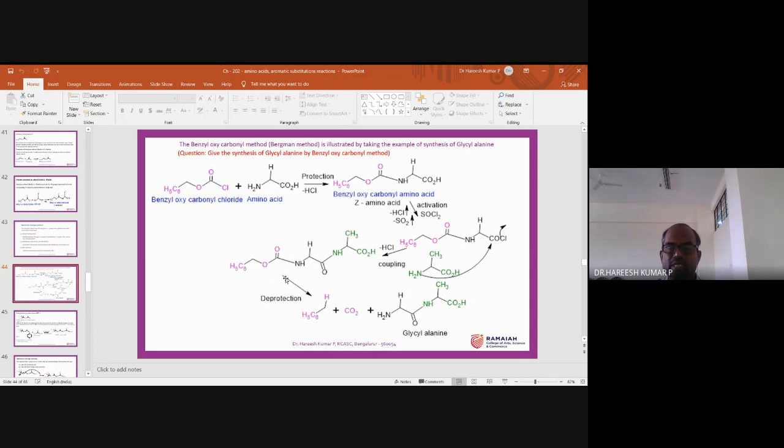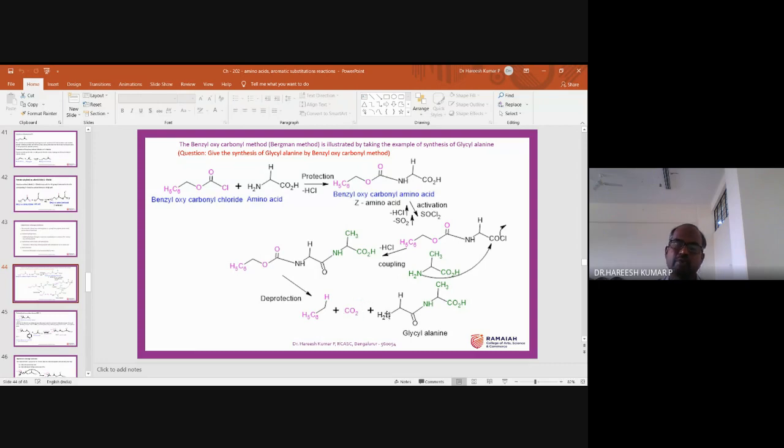And then deprotection, where there is a breakage here. The conditions can be HBr in acetic acid, or Birch reduction, sodium in liquid ammonia, or hydrogen in presence of a catalyst. One hydrogen will add here, so that is how toluene is obtained. Another hydrogen will add here, that is how NH2 is obtained, and this CO2 will go out as a gas.